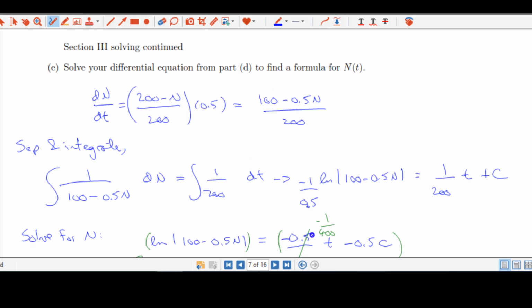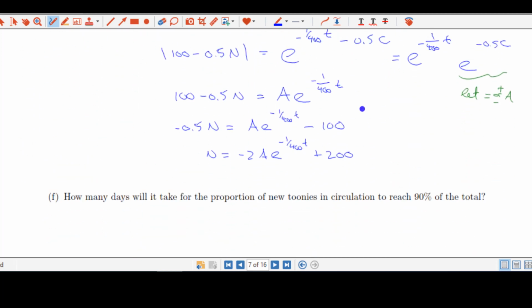And what's the only other thing we knew? Oh, right, we can solve for a, actually, because we know that at the beginning of this whole experiment, the number of new coins at t equals 0 is none, because we have no new coins when we start this experiment. So we can sub that in.